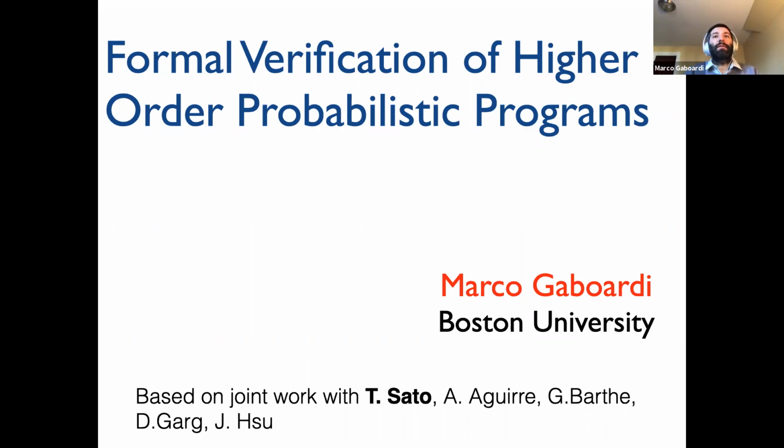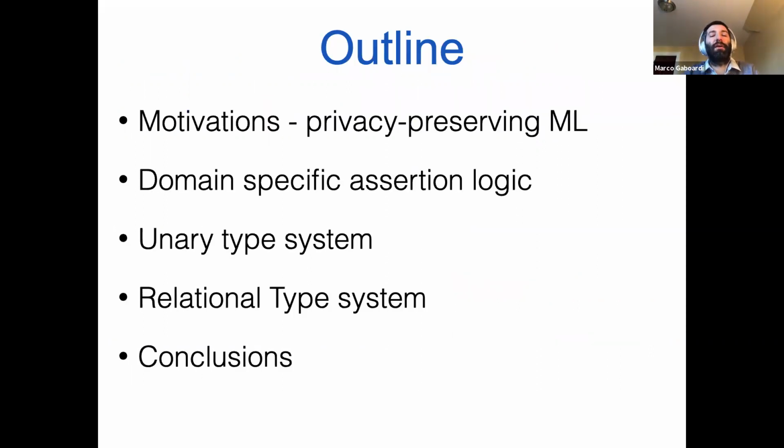All right, so just a quick outline of my talk. I will give you some motivations that mainly come from some work we have been doing on privacy preserving data analysis, and in particular, some of the motivation comes from privacy preserving machine learning.